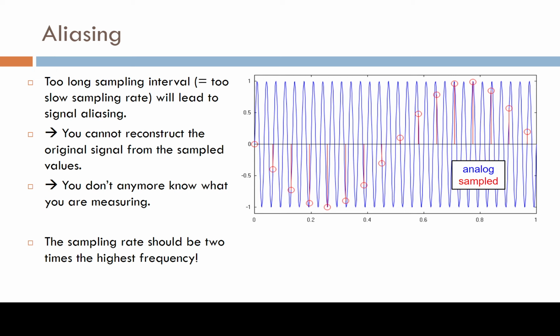That's why we have the 44.1 kilohertz standard sampling rate, or 48 kilohertz, or 192 kilohertz. So that's why we have different, high enough sampling rates.